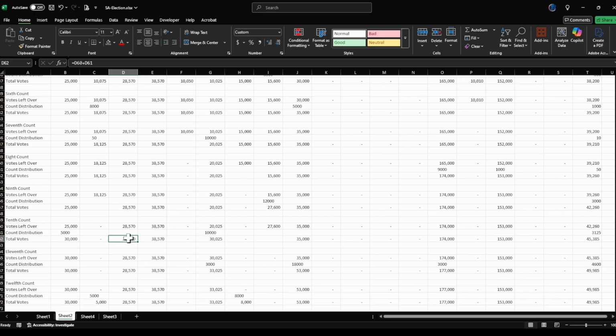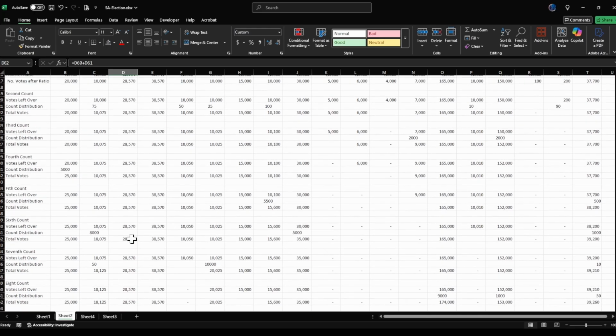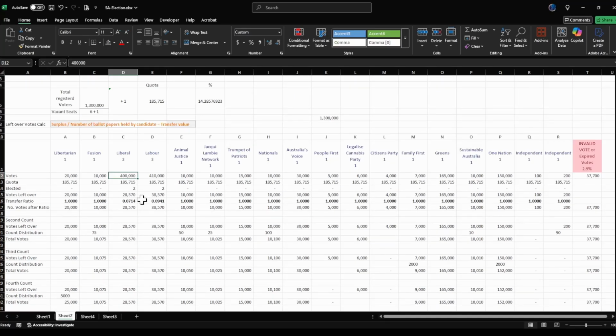Now, it's important to remember, and I'm just going to mark that one in red, it's important to remember that these votes have a quota. So in actual fact, we're not just going to be shifting 28,570 votes. We are actually going to be shifting 400,000 votes. That one.